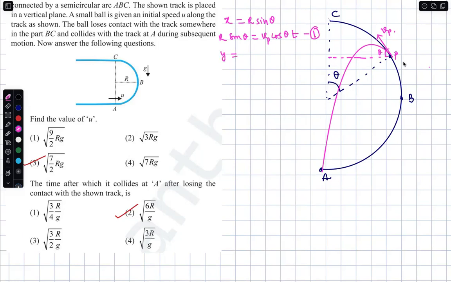And for this Y, the total vertical displacement is H. I want time here, that's the problem.